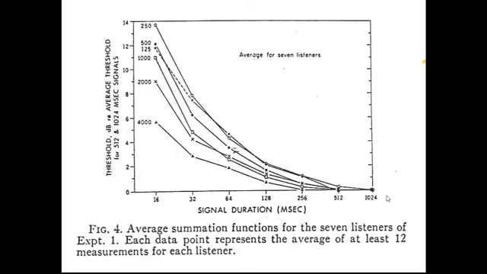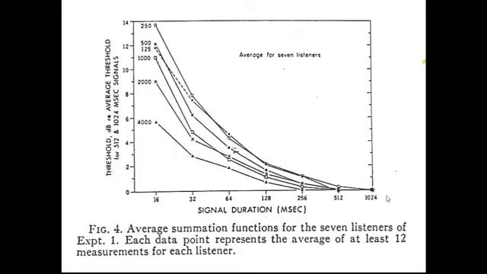And again, what you can see, first you can see the function of the slope. 250 hertz is starting at the top, and it's a very sharp drop off as you look at the duration increasing of the stimulus. And then at the bottom we have 4000 hertz, and you can see that that function is not quite as steep.